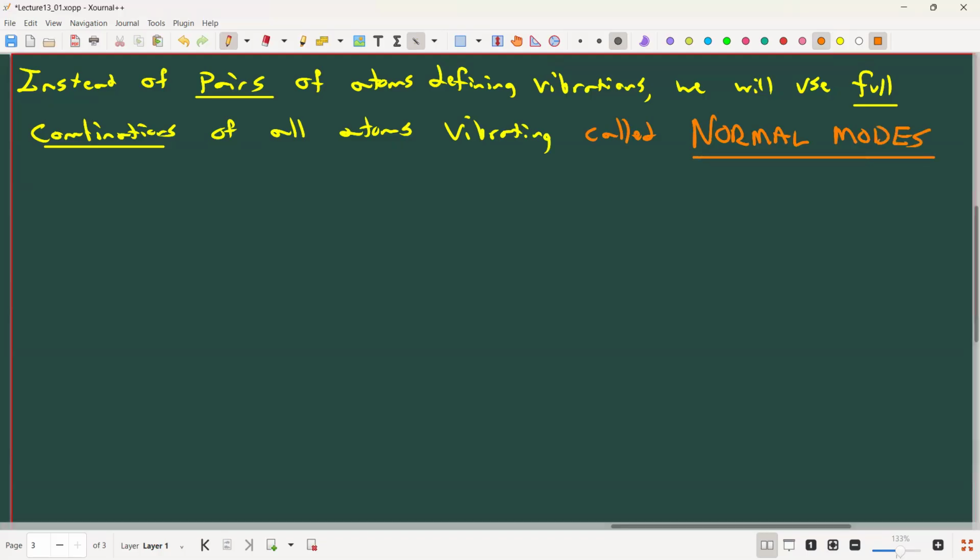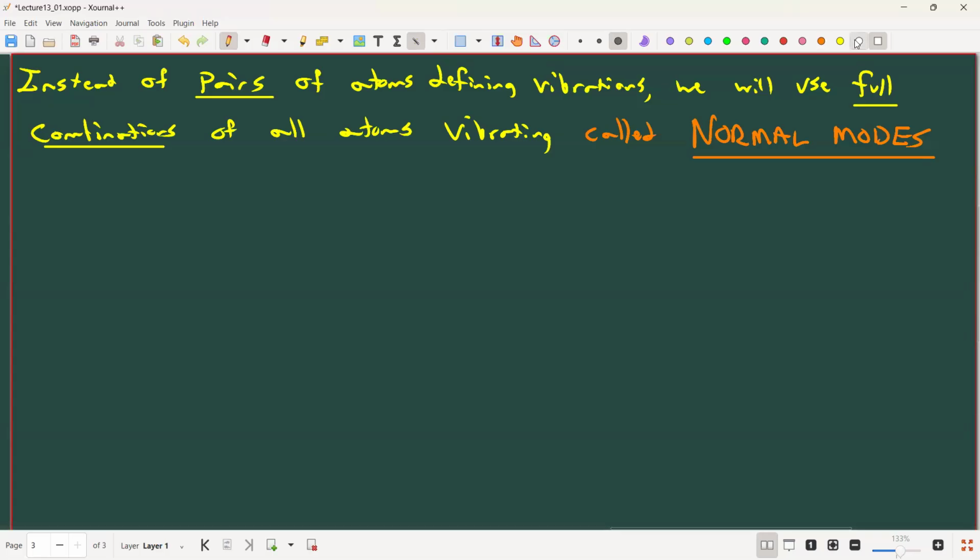Okay. What we're going to find, a little bit of math, is that the independent vibrations of the molecule aren't just vibrations of a given bond, but they're entire collective vibrations of the molecule that satisfy certain properties. And the only property, there are 2 properties it has to satisfy. The first one's quite simple.